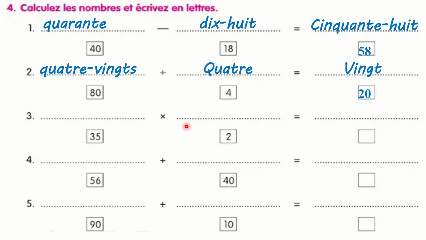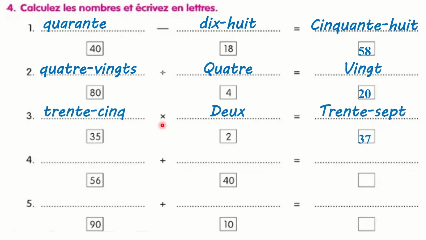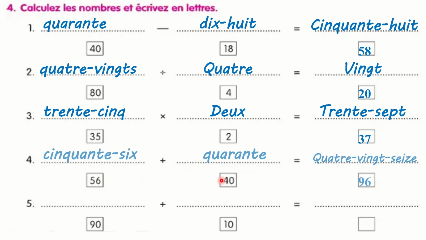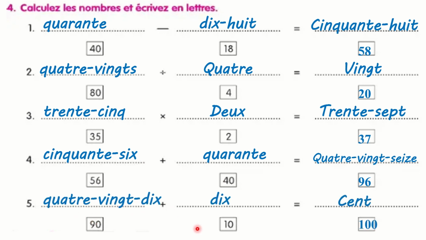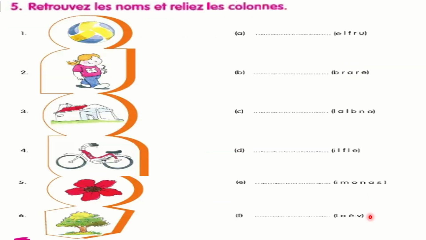Then we have 35 multiplied by 2, well the answer is 35 multiplié par 2 égale 70. Then we have 56 plus 40, that would be 56 plus 40 égale 96. Then we have 90 plus 10, that would be 90 plus 10 égale 100, which means 100.